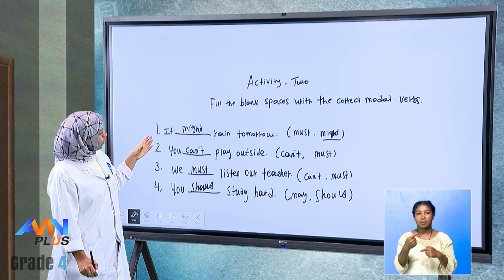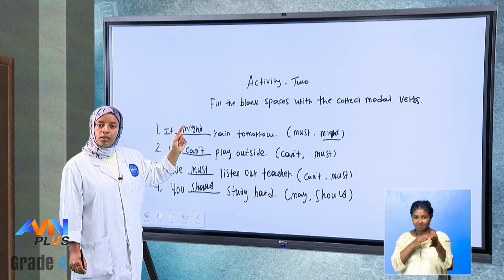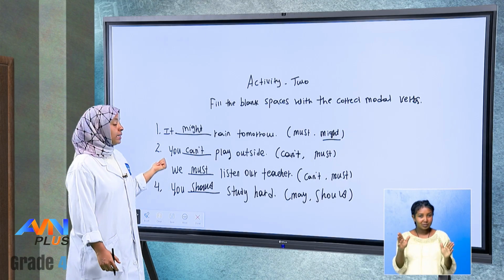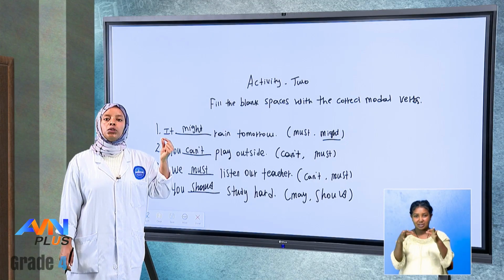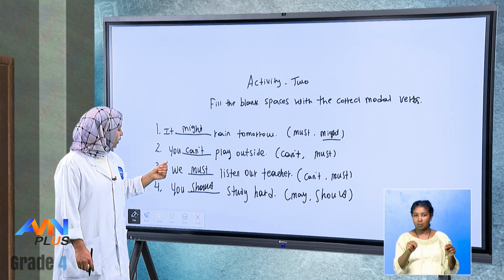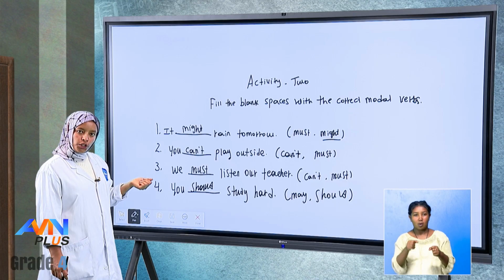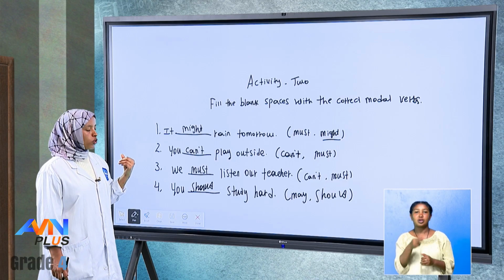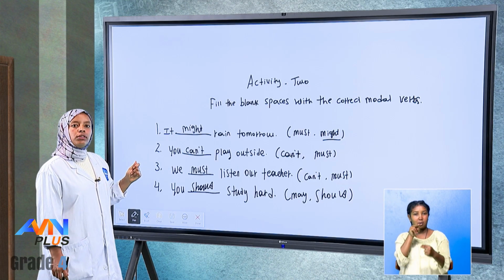When we come to the questions, the first one is possibility. It might, what, or not. The first one is ability, but this one is a negative sentence that you can't play where? Outside. Number 3, a strong obligation, instruction, or regulation from your school. You must listen our teacher.